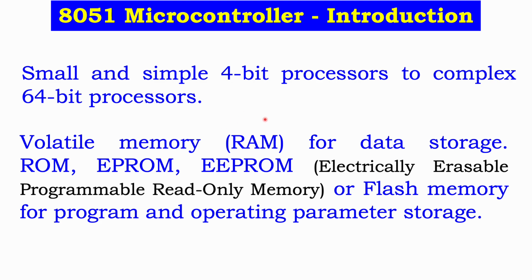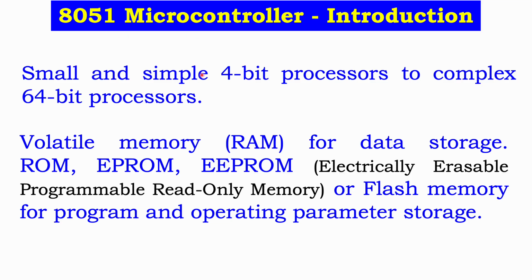Next, compared to the 8051 and microprocessors, you can easily understand the range from small and simple 4-bit processors to complex 64-bit processors. Microcontrollers are available starting from 4-bit, 8-bit, 16-bit, 32-bit and up to 64-bit in the market.